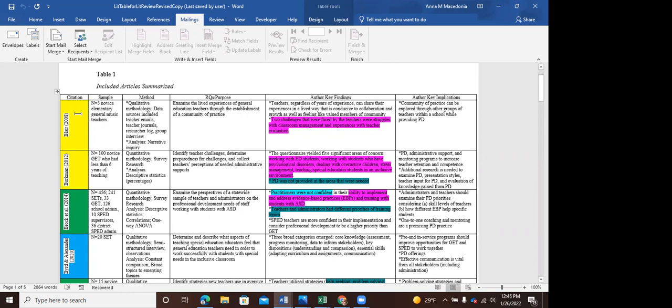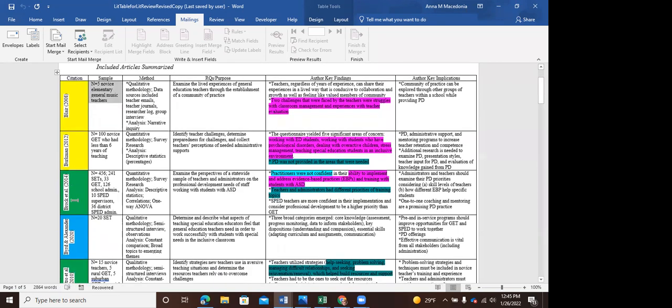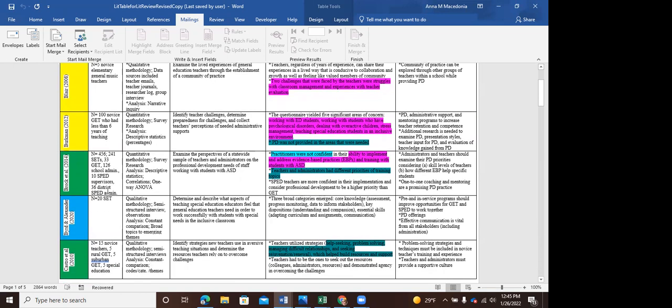Just to give you an example, when I highlighted in yellow, that means that the sample was only looking at general education teachers. Whereas articles in green included special education teachers and general education teachers, as well as other samples, including supervisors, administrators, etc. And blue was just special education teachers.